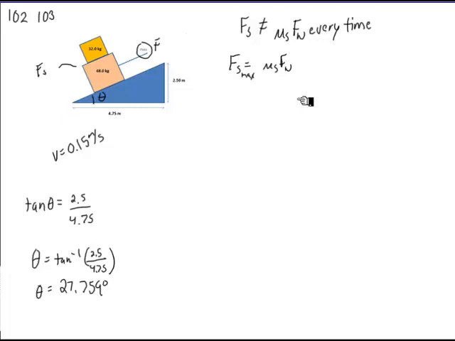But just think about pushing a block, right? Just think about a block on a flat surface. If I push it with a force of 5 newtons and it doesn't move, how big is static friction? It's pushing back with a force of 5 newtons. But then I could take that same block and push it with a force of 6 newtons. It still doesn't move.